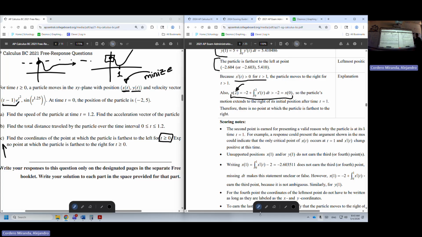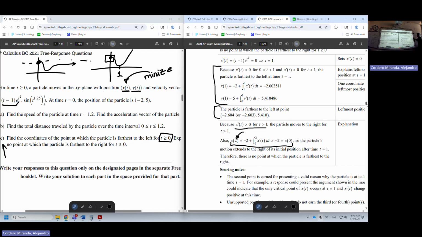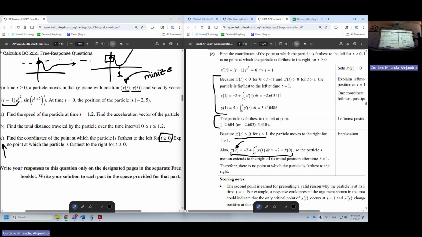I think this one is harder than they ask most years, but parts A and B are super easy. The first part of part C was not that hard, finding the minimum and then finding the coordinates. So even if you didn't get that maximum part question, like the rightmost position, that was only 1 point.